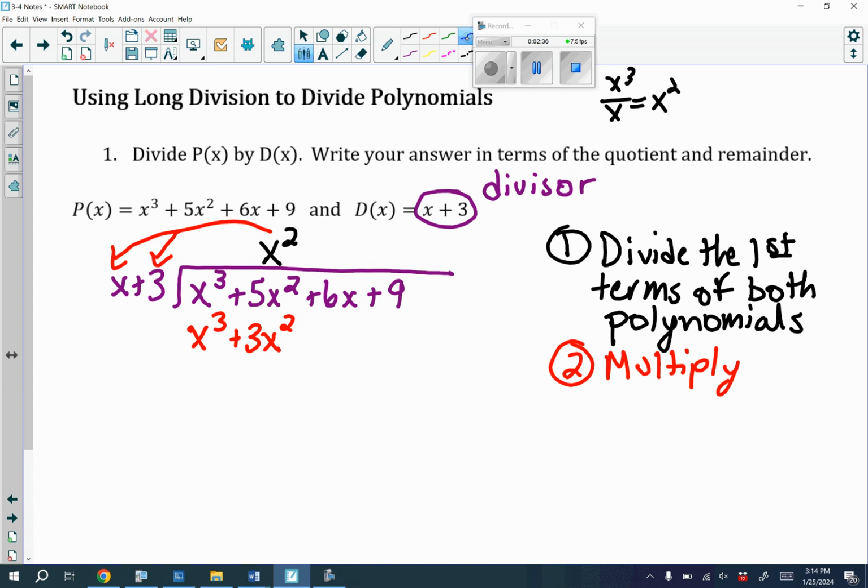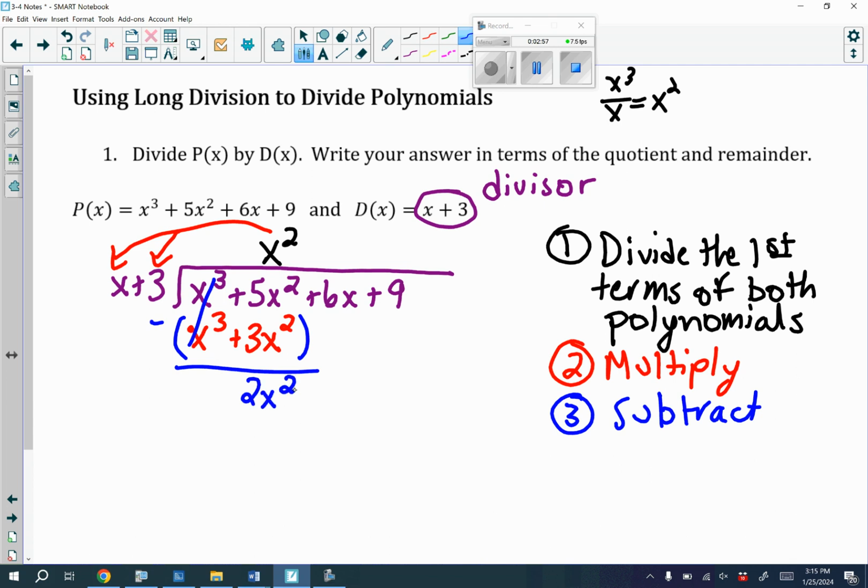Now the next thing we do is subtract the polynomials. So you need to put a subtraction sign and parentheses. Notice when I do x cubed minus x cubed, those cancel out. Now here's where you have to be careful. We're not going to get 8x squared, but instead we get 2x squared.